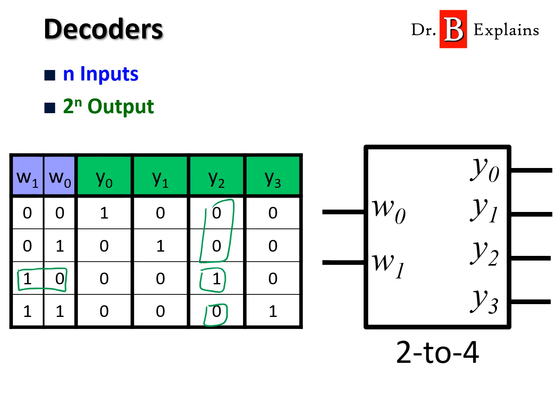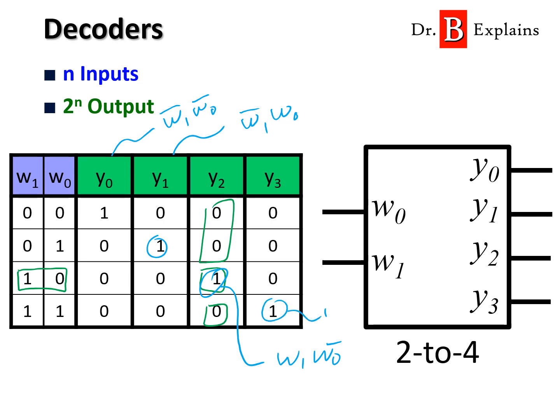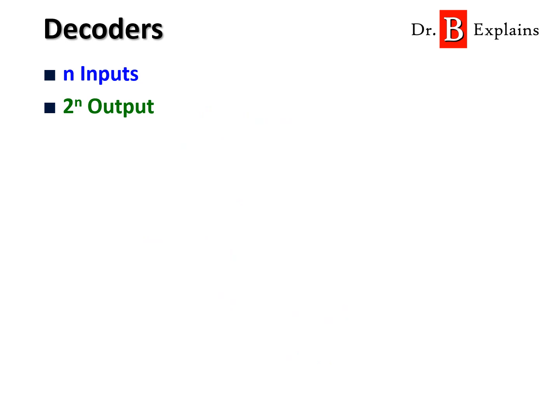For this output, we're going to have a W1 not, W0 not. For this output, we're going to have a W1 not, W0, and so on. What about this one? This one is just a minterm, W1, W0 not, and this one is just W1, W0.